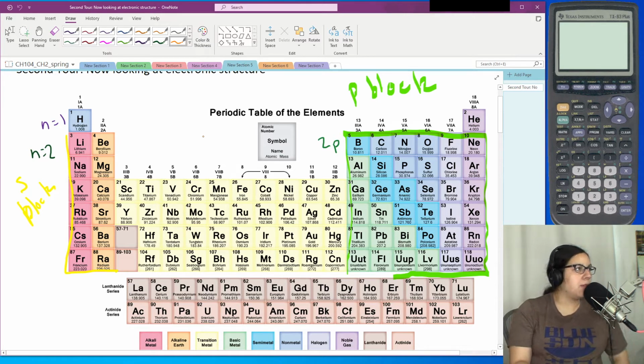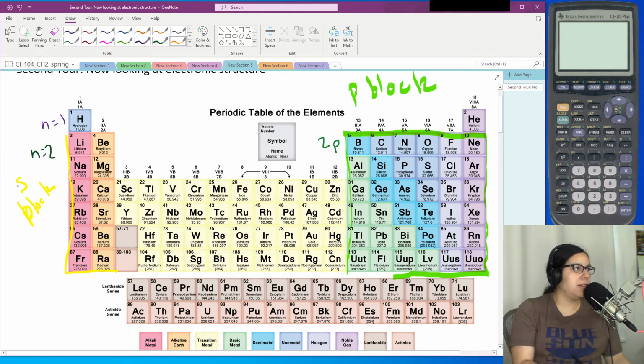We like shorthands. What can I say? And so the shorthand electron configuration is, so now let's look at sodium. We're trying to determine how we're going to write its electron configuration. And the shorthand method is to start with the noble gas that is previous and then go from there.